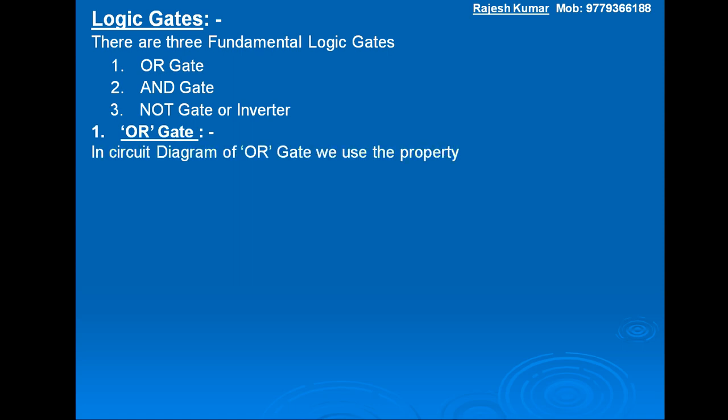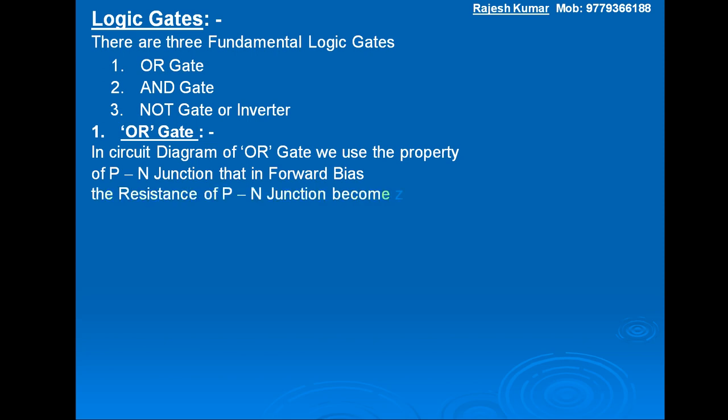In the circuit diagram of OR gate, we use the property of PN junction that in forward bias the resistance of PN junction becomes 0.